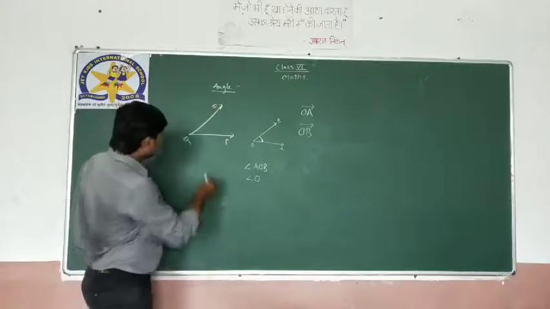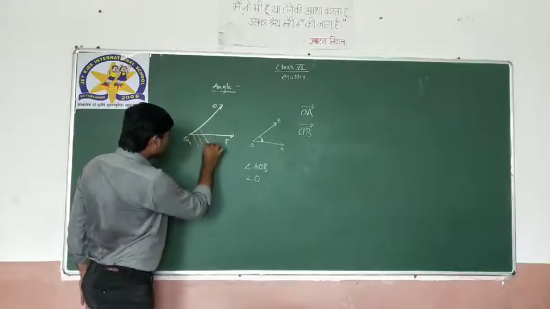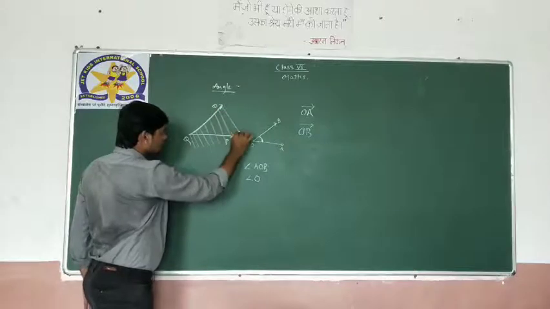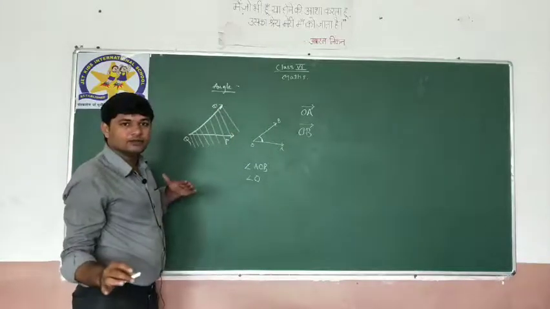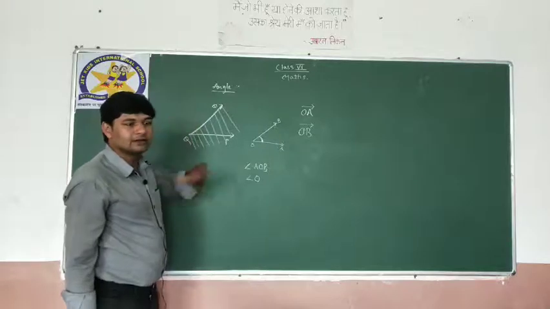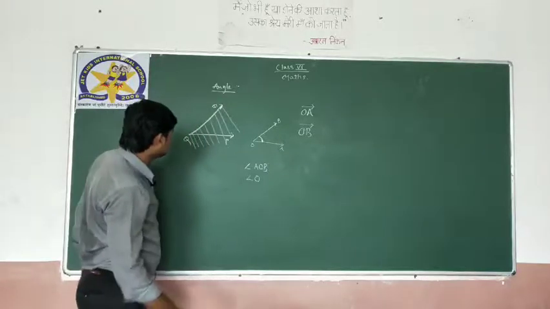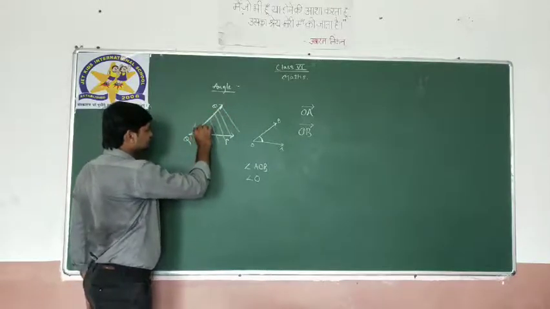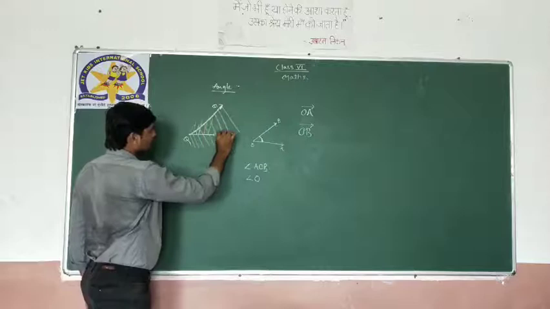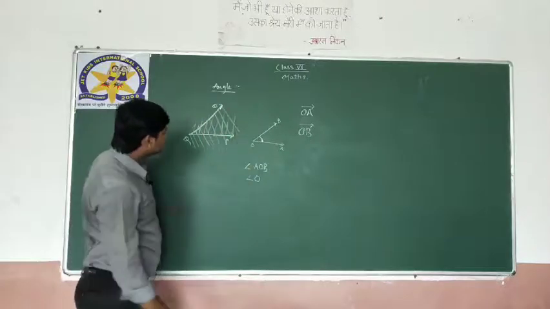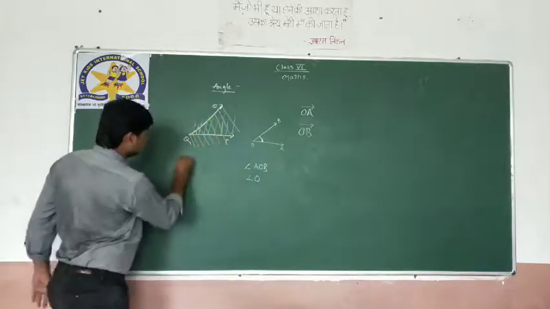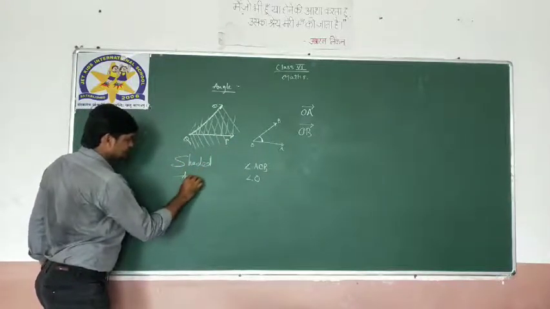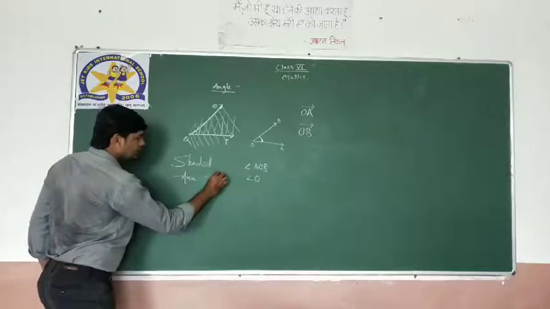Now I am just making vertical lines. This is the concept given in the book. So, making vertical lines, this shaded area will be the interior part.